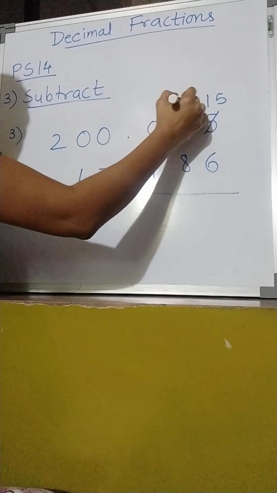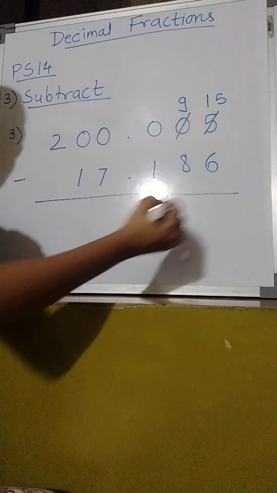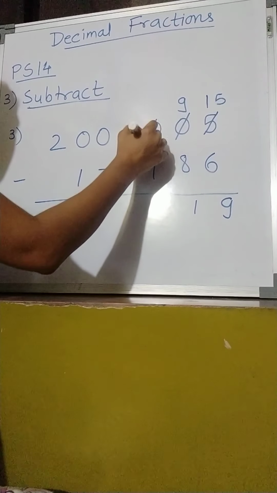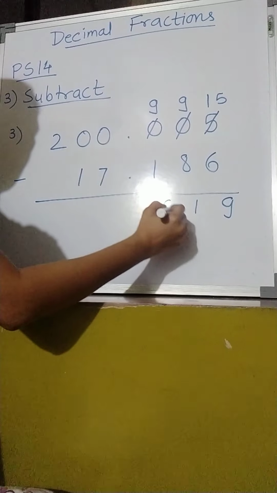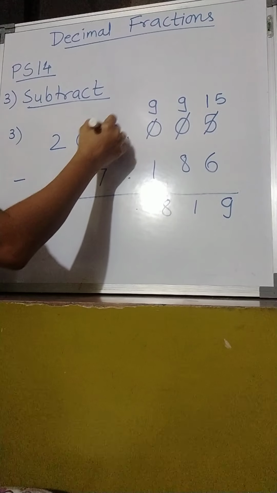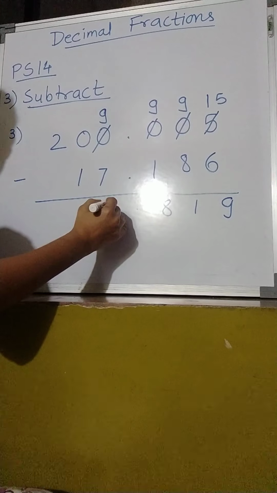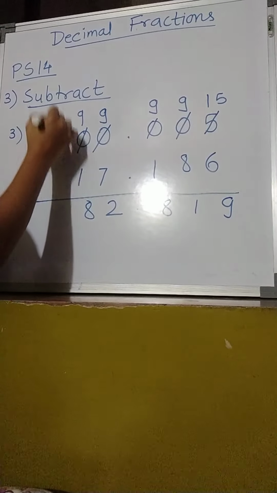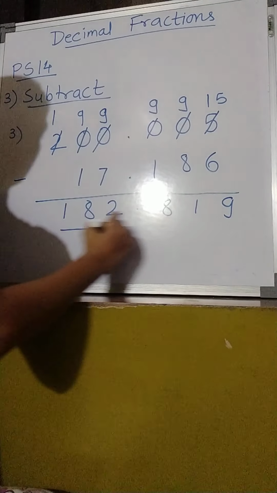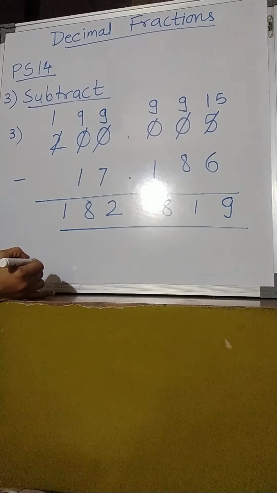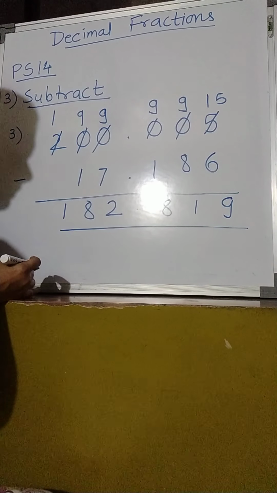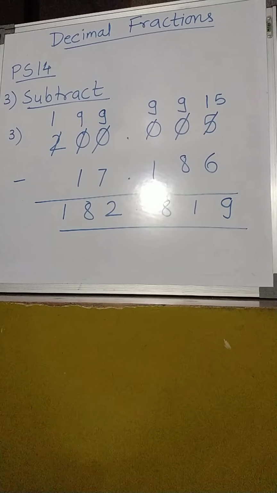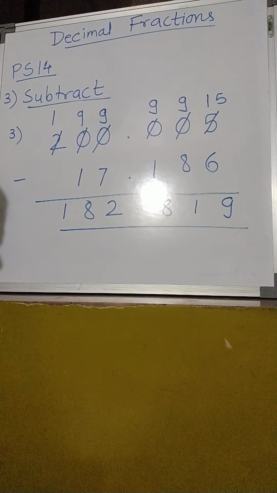When it is 15, it is 9. 15 minus 6, 9. 9 minus 8, 1. 9 minus 1, 8. Decimal point. 9. 9 minus 7, 2. 9. 9 minus 1, 8. It is 1. And your answer is 182.819. Understand? So these 2 questions are your homework, right?